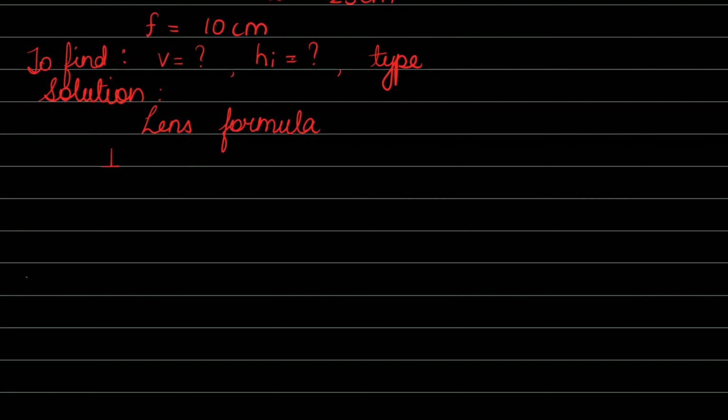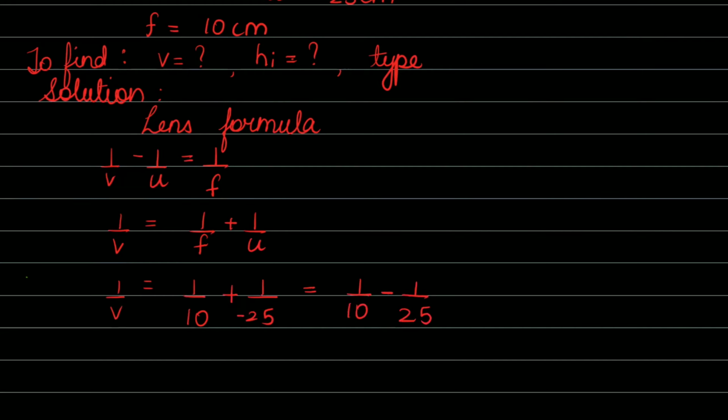It is 1 upon V minus 1 upon U equals 1 upon F. We have the values for U and also F, so we can easily find the value for V. So 1 upon V can be written as 1 upon F plus 1 upon U. Substituting, F is 10 centimeter, and U is minus 25 centimeter, which can also be written as 1 upon 10 minus 1 upon 25.